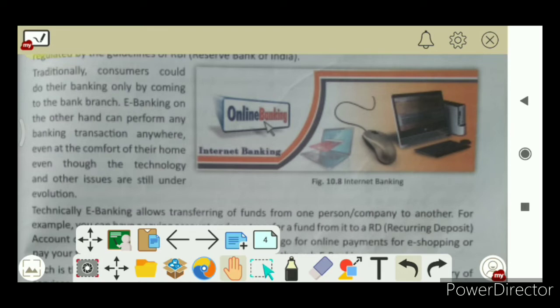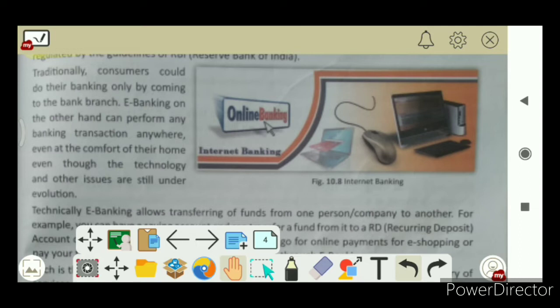You have to spend more time and more effort. But by using e-banking, which is available anywhere, anytime, 24 into 7, you can use it from anywhere if you have a computer connected to the internet, and if you have an Android mobile, you can use this from anywhere anytime.